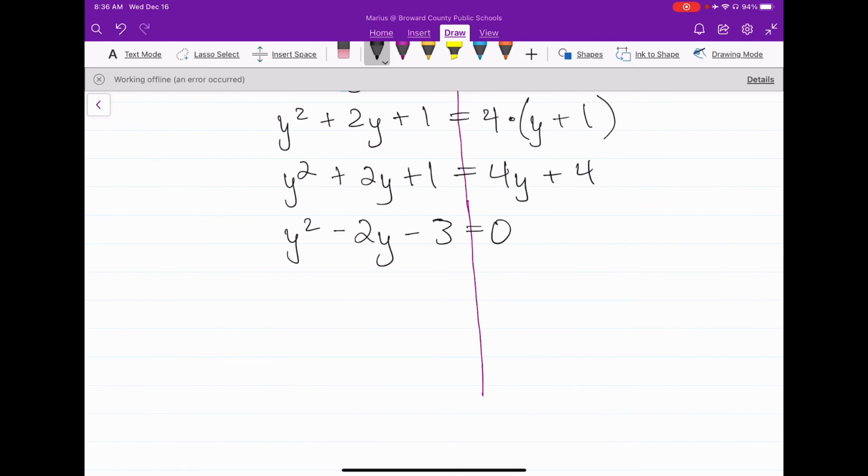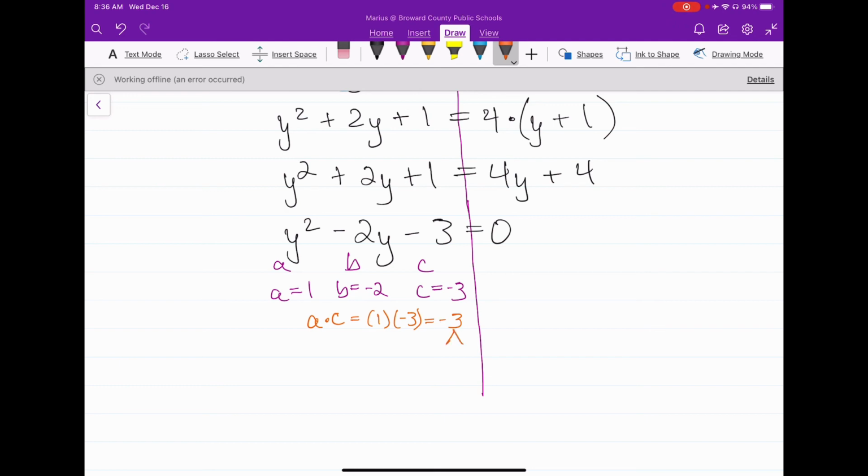So if we do our factoring technique, we know that this is a, that's b, and c. So a is equal to 1, b is equal to negative 2, c is equal to negative 3. And if we do a times c, that equals 1 times negative 3, which equals negative 3.